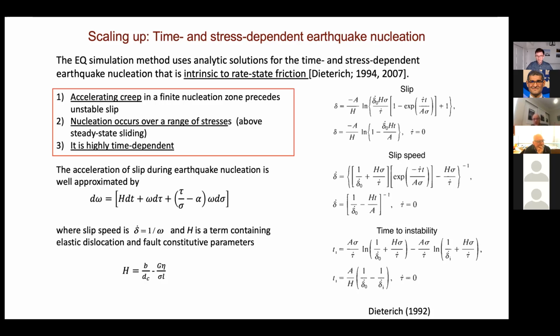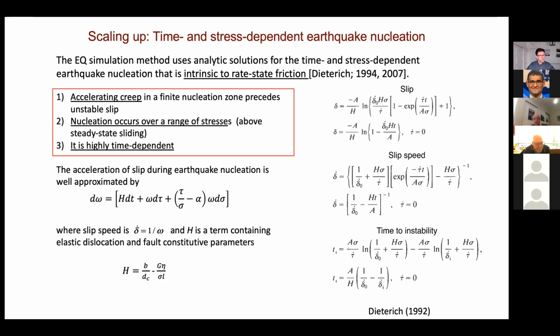And so for small values of d sub c, which are typically measured in, say, less than 10 microns, the nucleation zone is about a meter. If we scale it up for thicker gouge zones, perhaps the nucleation zone will scale up to 10 or even 100 meters, but that's still small with respect to the overall size of the fault.